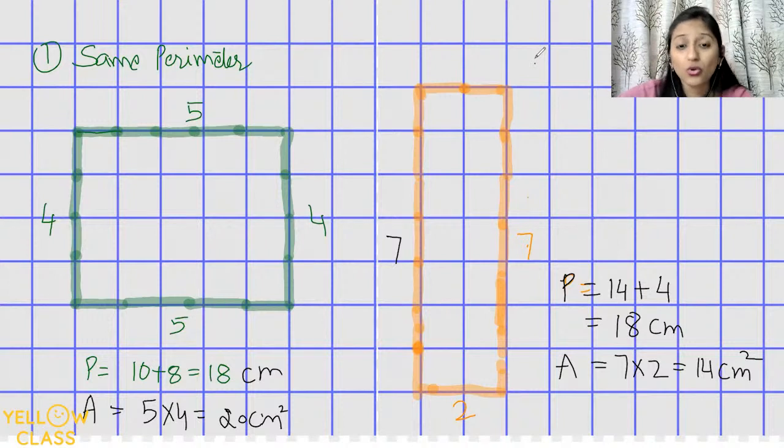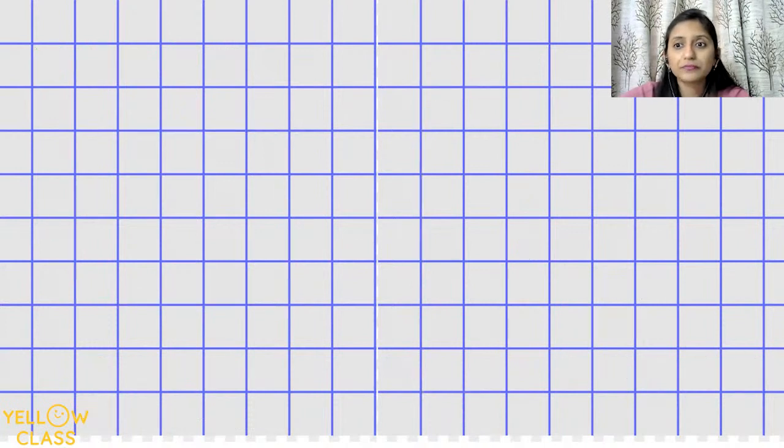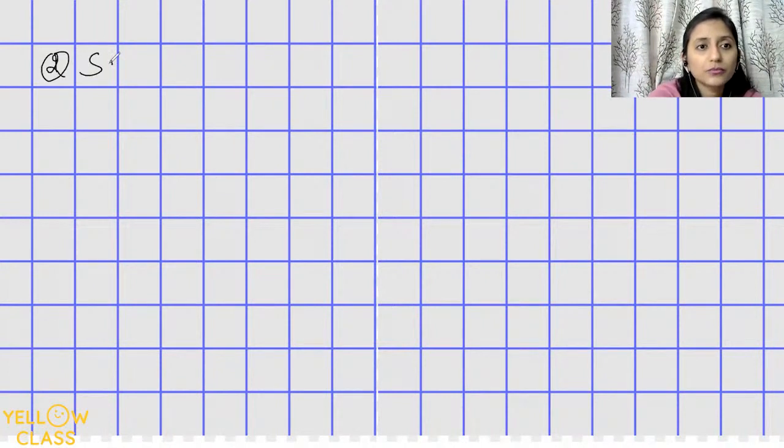Okay, so shall we take the next condition? What do you say? So now the next condition we are going to take is same area. Okay, so let's clear this out. Okay, the condition 2.